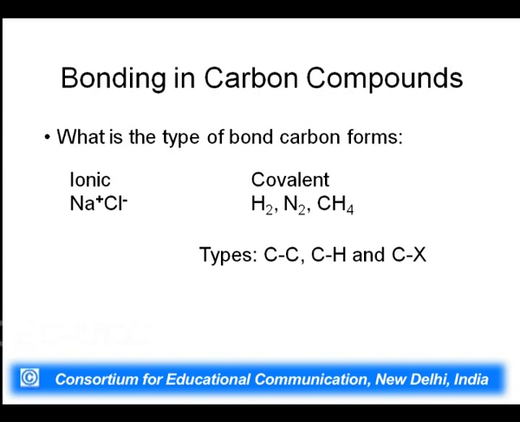I have written here that C-X may be with other atoms, like carbon forming bonds with halogens, sulfur, nitrogen, phosphorus, or any other element of the periodic table. It may be metals, as in organometallic compounds, or other types of compounds where the X may be a different thing.